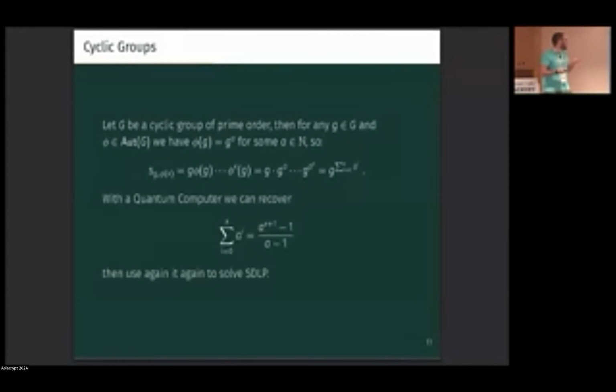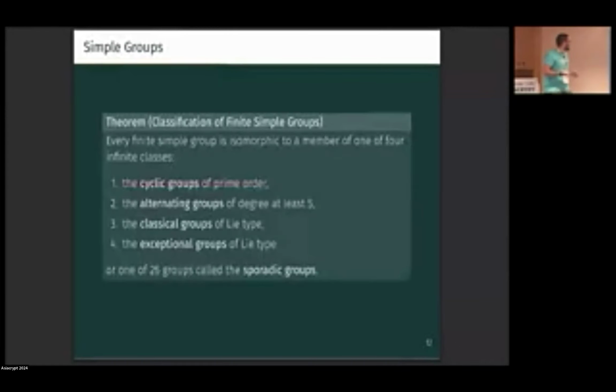So you can just apply essentially Shor's algorithm to solve discrete logarithm two times, one to recover the geometric series, and one to find the exponent in the geometric series. So, no abelian groups to consider. Let's try to tackle the others.